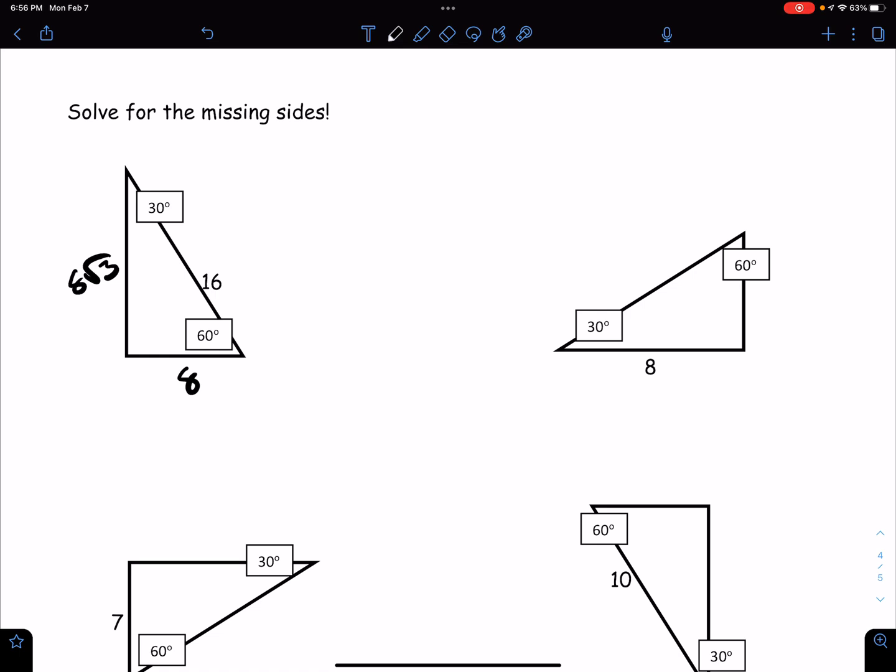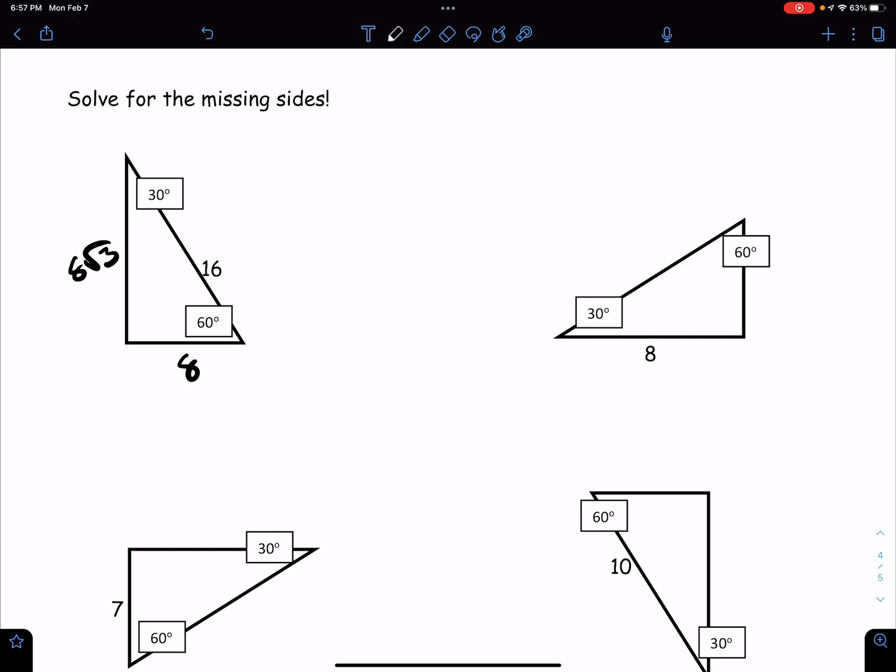So keep moving here. So straight across, I know that this right here, that's going to be my longest leg. Okay? So I know that my hypotenuse is twice as big as my shortest leg. I know that my shortest leg is half of the hypotenuse, right?